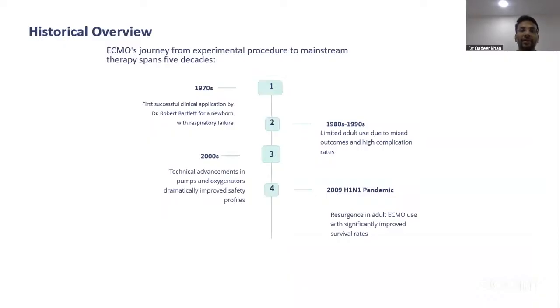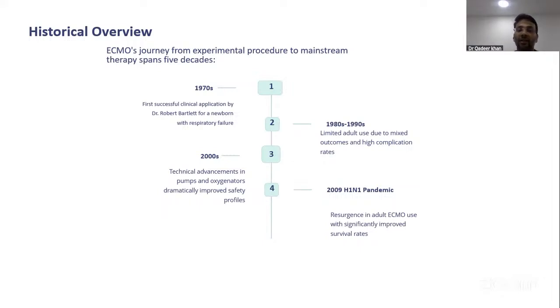The history of ECMO started way back in the 1970s when Dr. Bartlett, who is known as the father of ECMO, started ECMO for a newborn baby with meconium aspiration syndrome, known as Esperanza. Initially, in the 1950s, people used a heart-lung bypass machine for giving organ support.